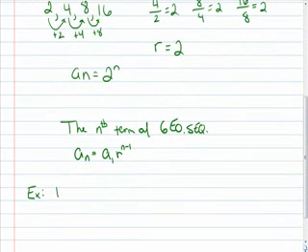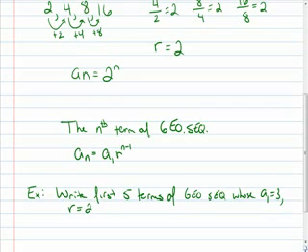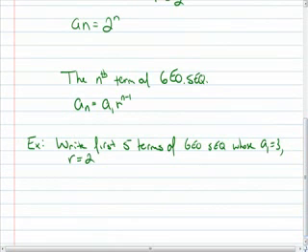So let's write the first 5 terms of a geometric sequence whose first term is 3 and whose common ratio is 2. Okay, so the first term is 3.